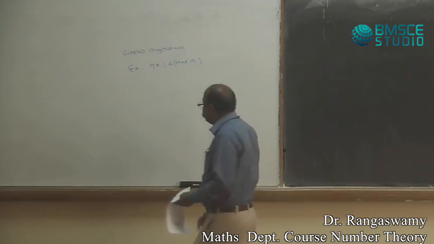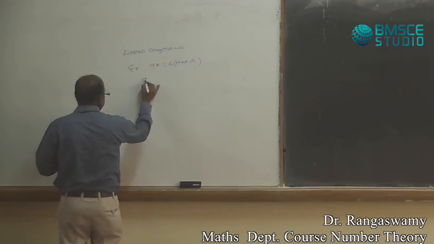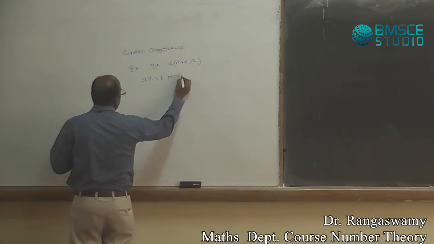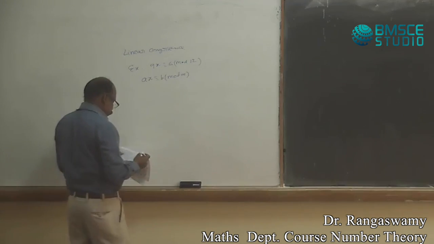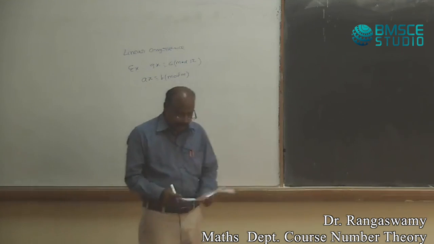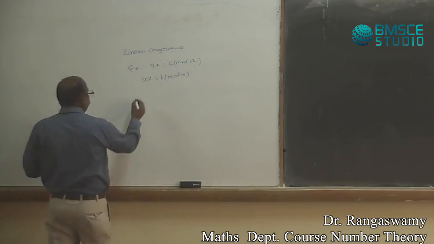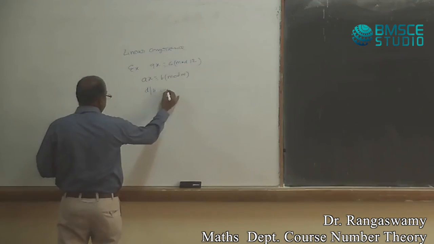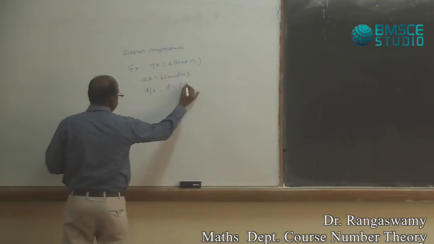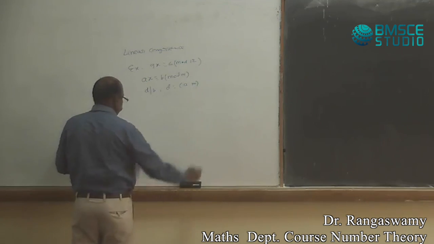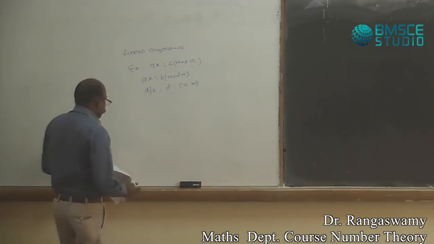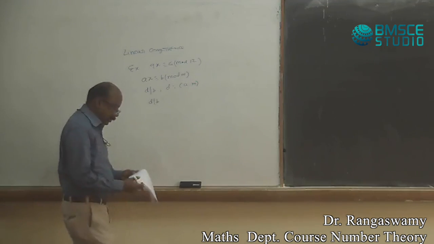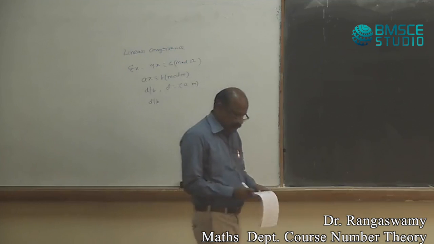The linear congruence ax congruent to b mod m is solvable if and only if d divides b, where d equals the GCD of a and m. If d divides b, then it has d number of solutions.